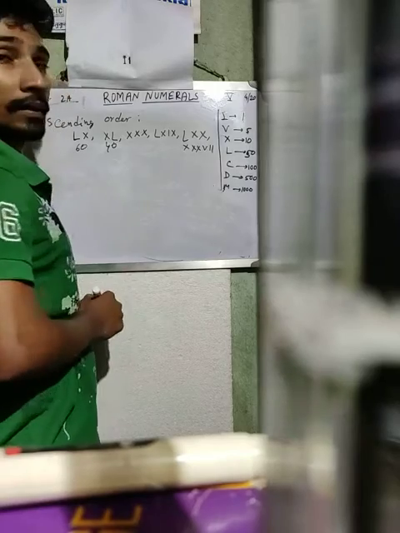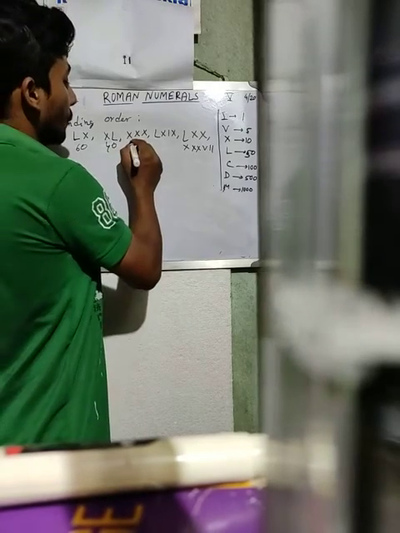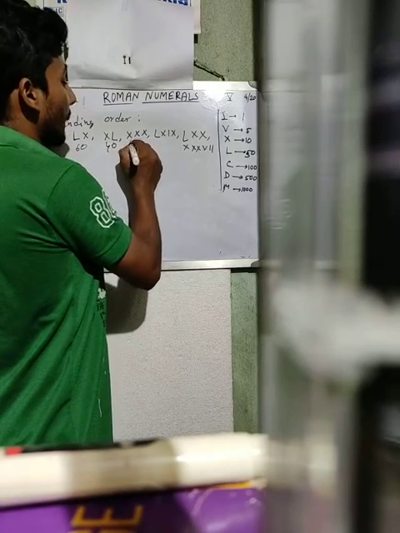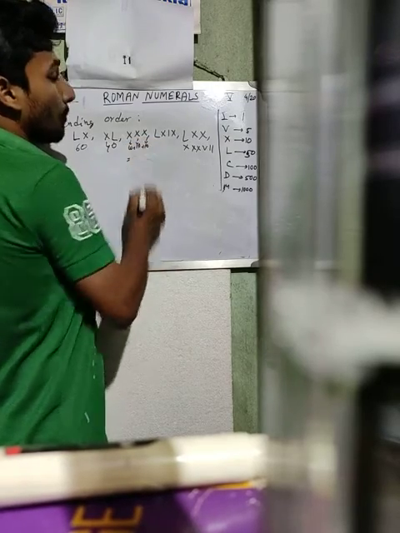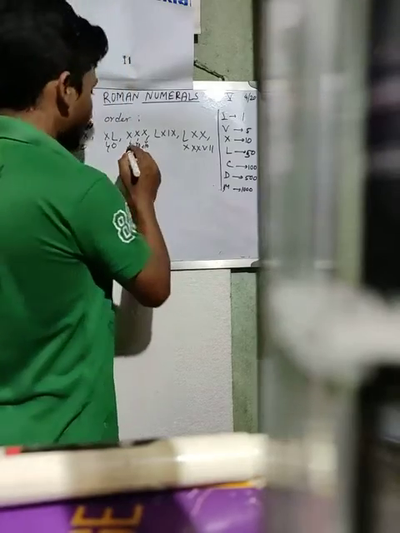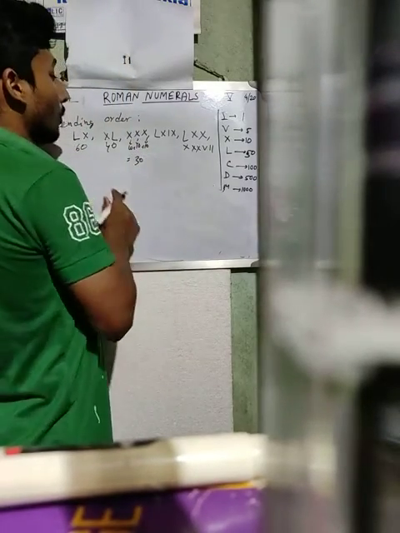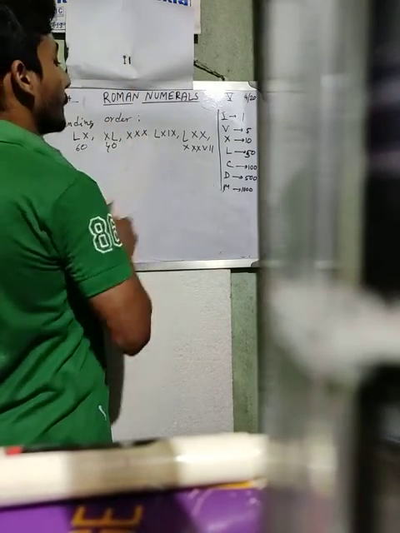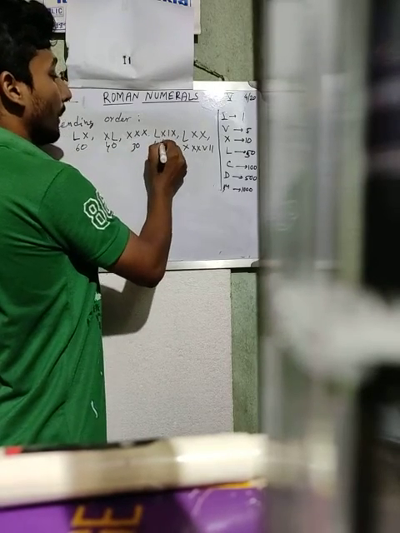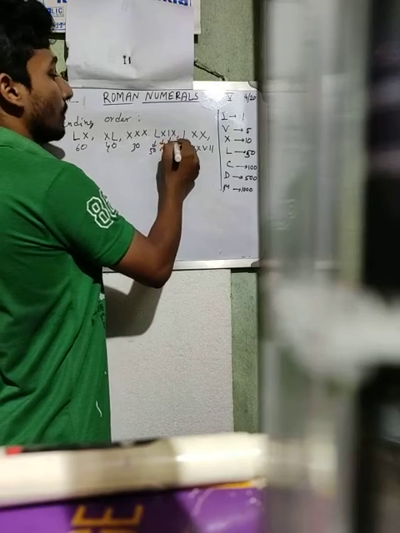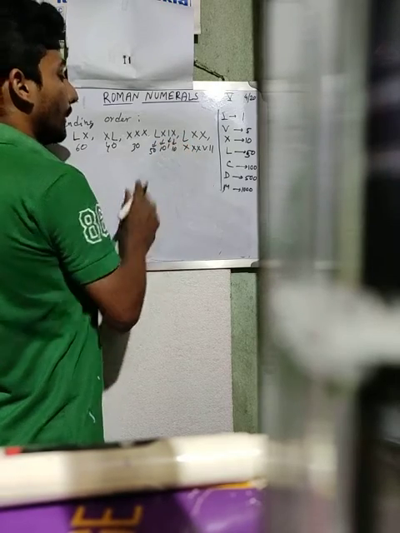Now triple X. That means 10, 10, 10. It will be added because repeating numbers must be added. So the value of XXX is 30. Now LXIX. L means 50, X means 10, I means 1, X means again 10.